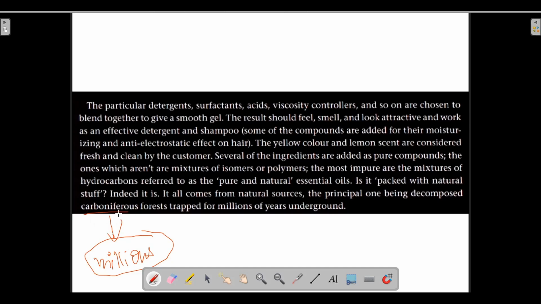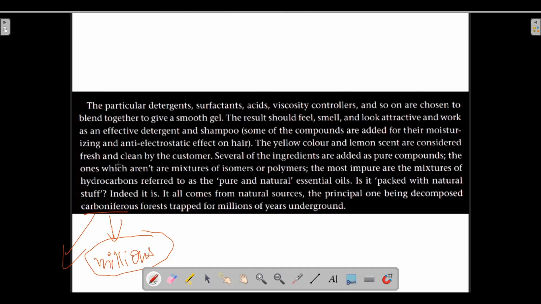Under the ground, in the presence of heat and pressure from inside the earth, they were converted into coal. So they are obtained from crude oil and coal.